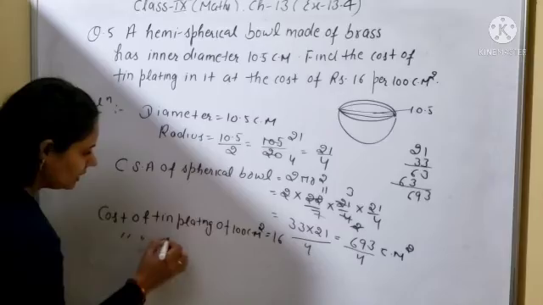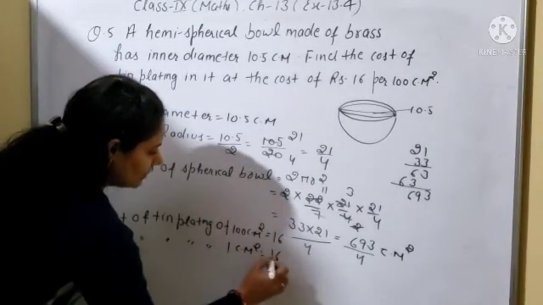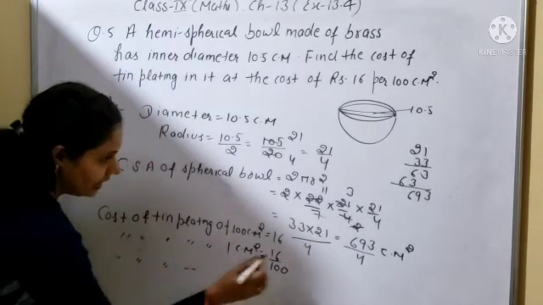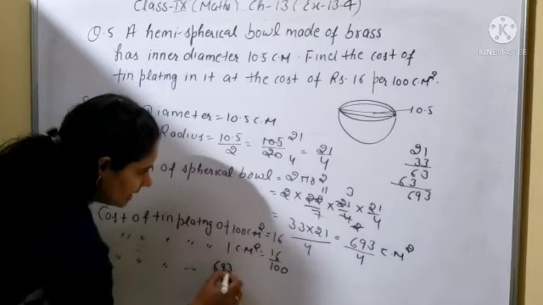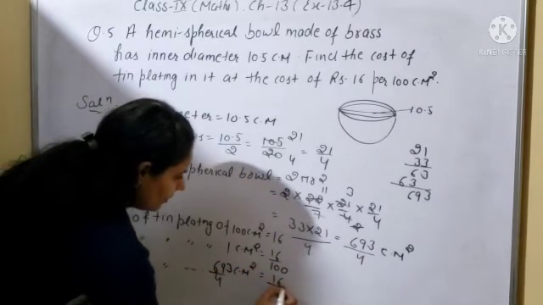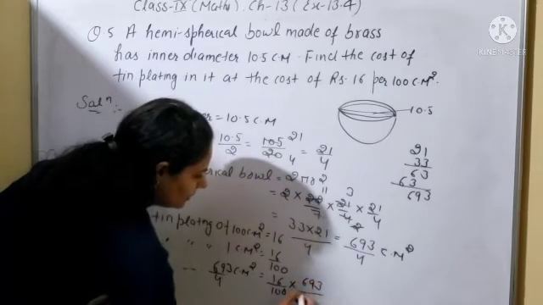Now cost of tin plating of 1 centimeter square will be 16 upon 100, and the cost of tin plating of the curved surface area, 693 by 4 centimeter square, will be 16 upon 100 multiply 693 upon 4.